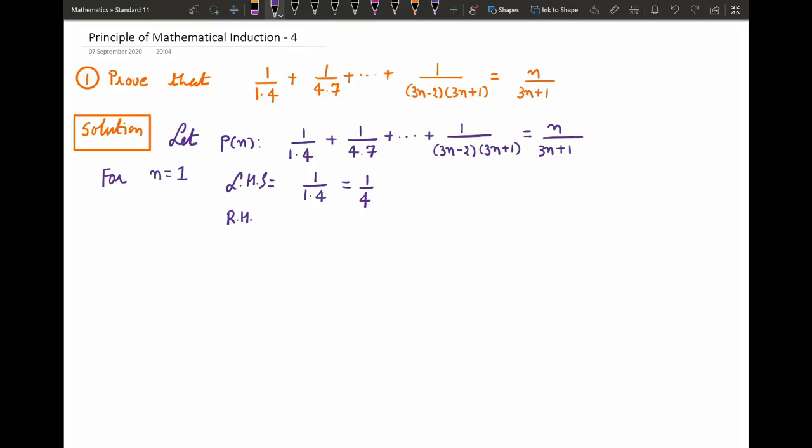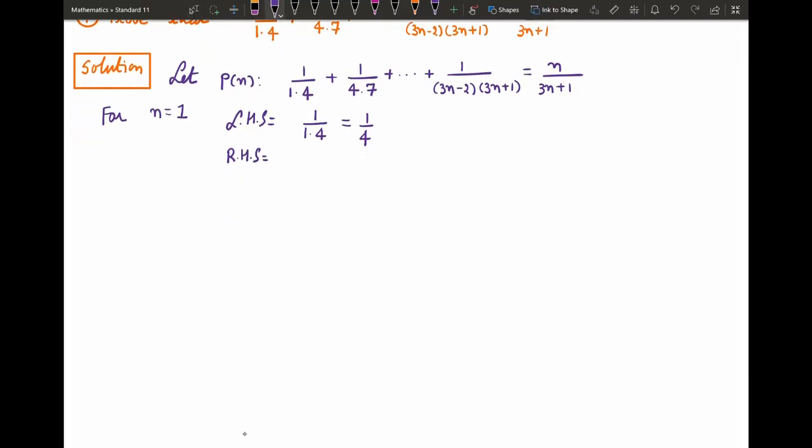Right hand side, we take n equal to 1, so 1 upon 3 into 1 plus 1, so simplification will be 1 by 4. So you can observe LHS equal to RHS, and therefore P of 1 is true.